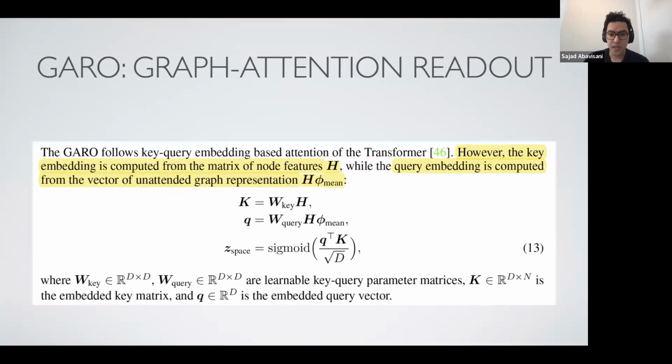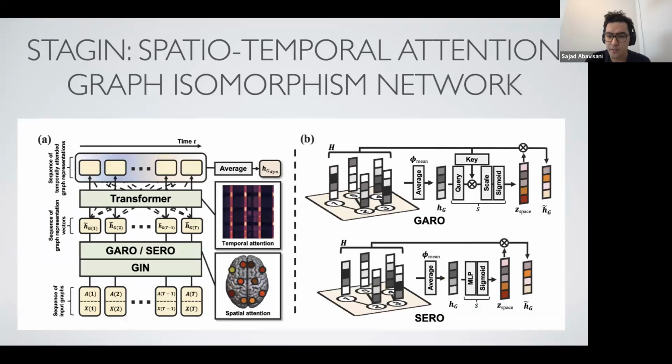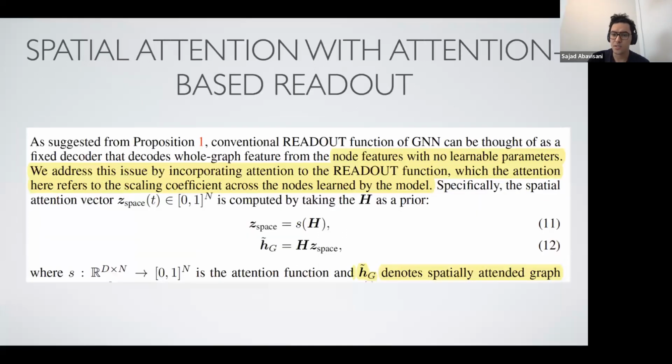For this one, they used key-query embedding based on transformers, and you can see it here in the figure as well. They average these embeddings, then they apply the transformer and get the representation.